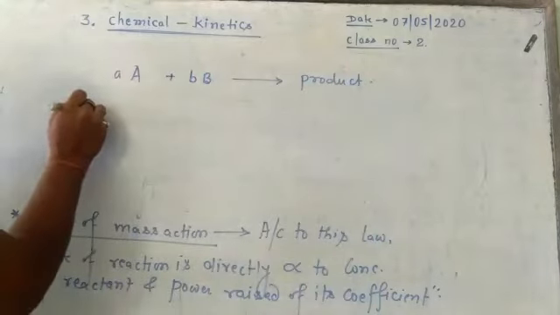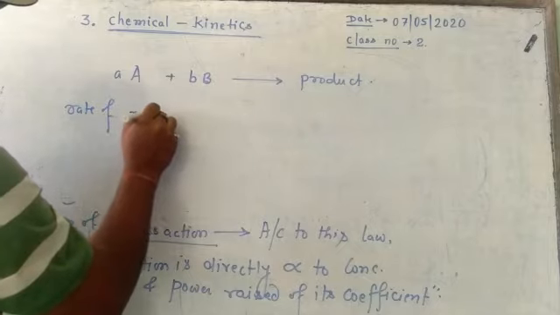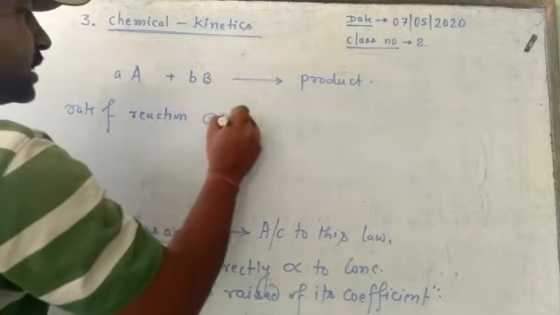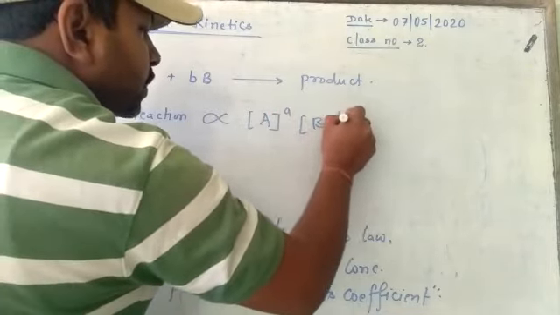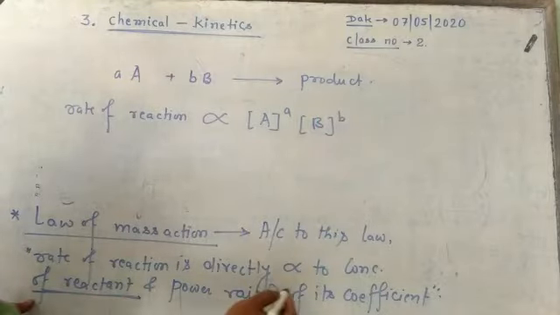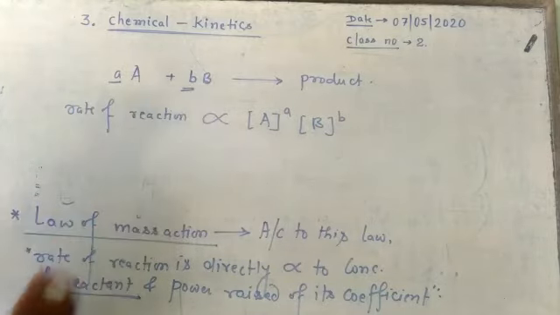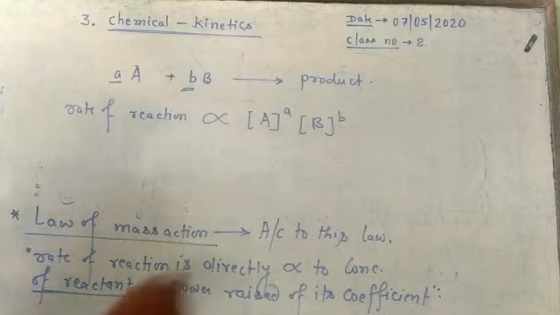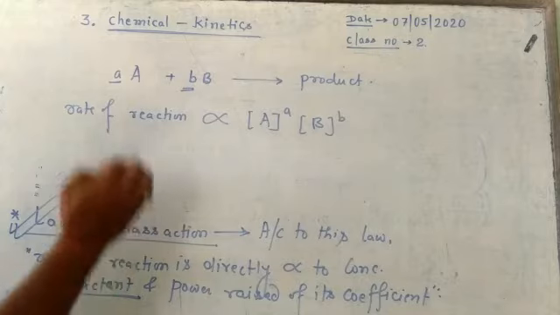Now according to this law, the rate of reaction is directly proportional to the concentration of reactant raised to the power of its coefficient. Here students, small a and small b are taken as coefficients, which are raised as the power. But students, this law is applicable only to elementary reactions.